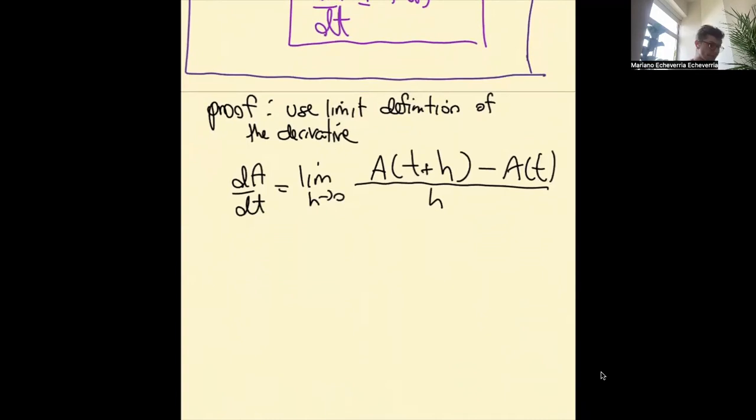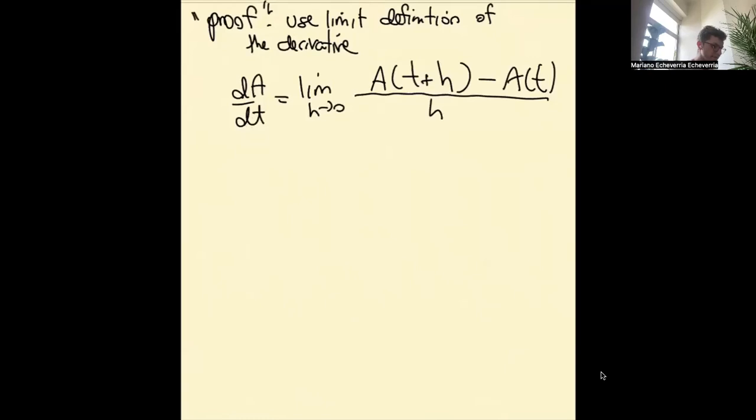Okay, but let's try to think about this geometrically, on what that means. I'll put proof in quotes because I may not go into all the details, but it's good to just understand what's happening here. So what is A of t?